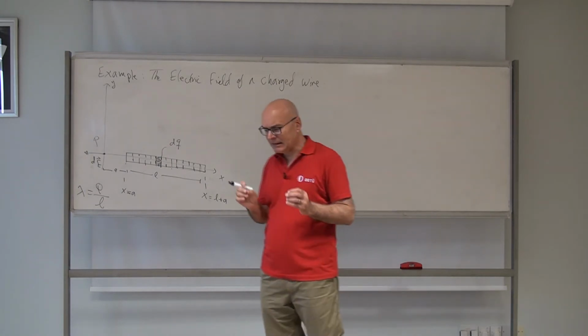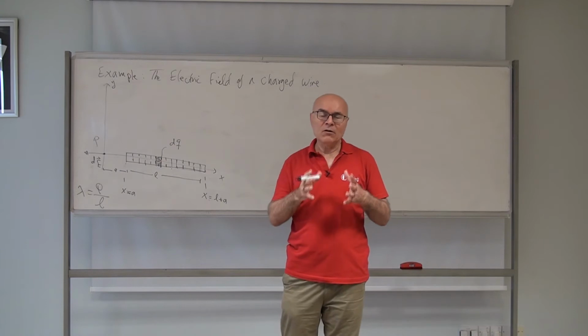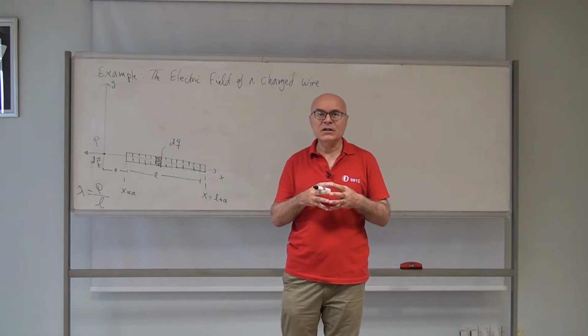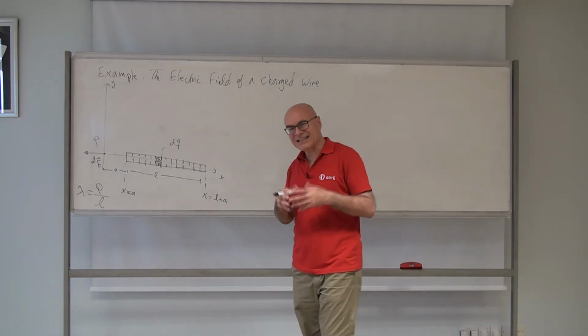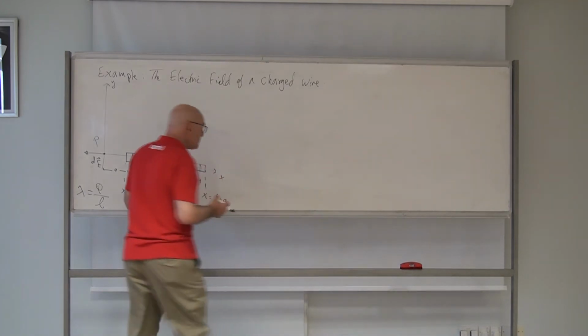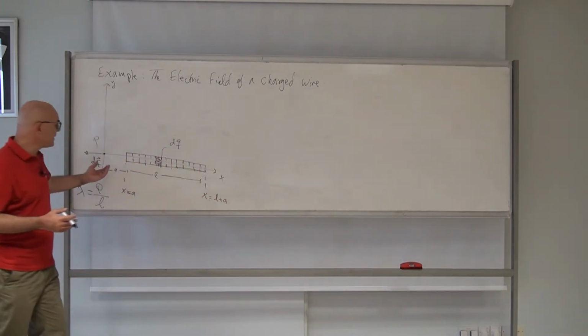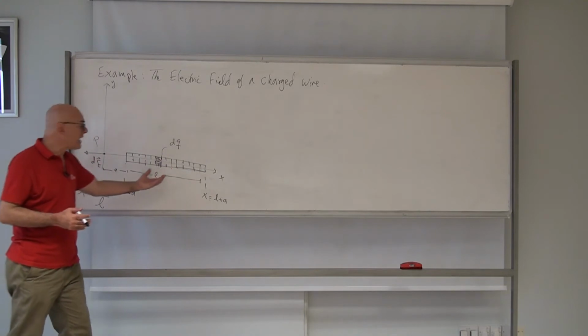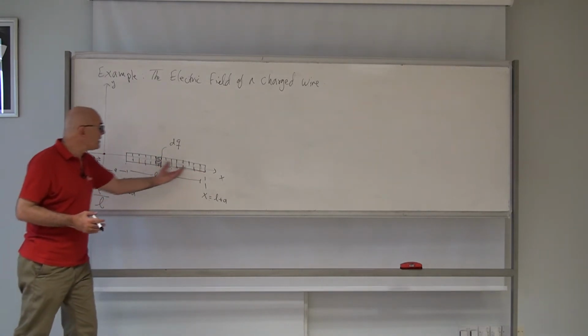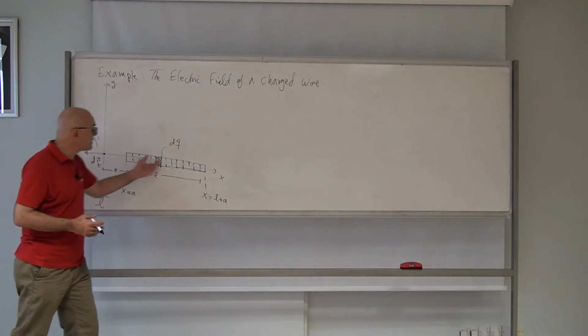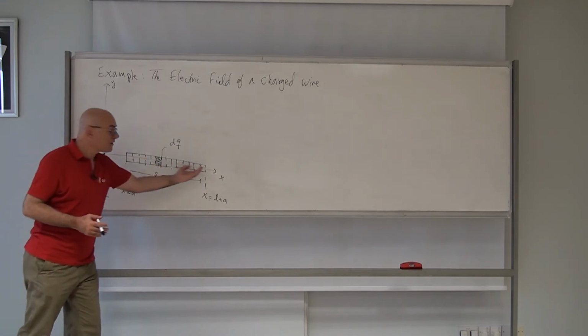This procedure is called making use of the symmetry of the problem. So here, we'll say, okay, this is the field dE. So what will I get when I add up the dEs of all the dqs? This is when I integrate over the whole wire.